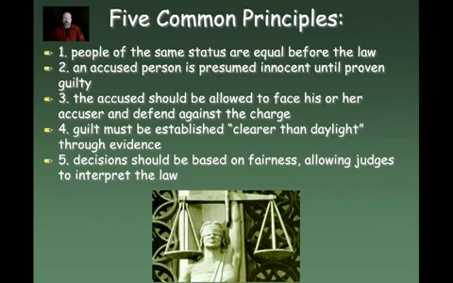And number 5, decisions should be based on fairness, allowing judges to interpret the law. What I want you to think about is which of these principles we have today in the United States of America, because we share many of these common principles from the ancient Roman legal system, but not all of them. Some of them are a little bit different. So think about which ones may be similar and which ones may be different.